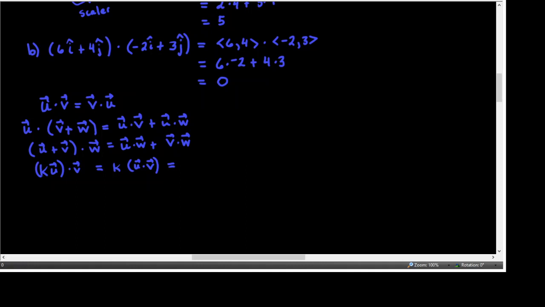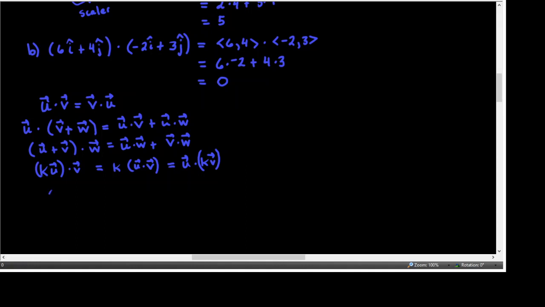Or if you wanted to, and this is for convenience, you could take that scalar to the other vector, find that scalar multiplication of k and v, and then do the dot product u dot that answer. And all three of those would give you the exact same result.